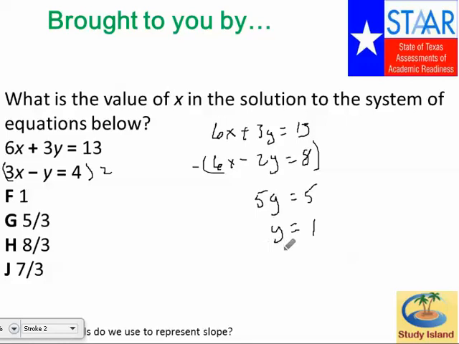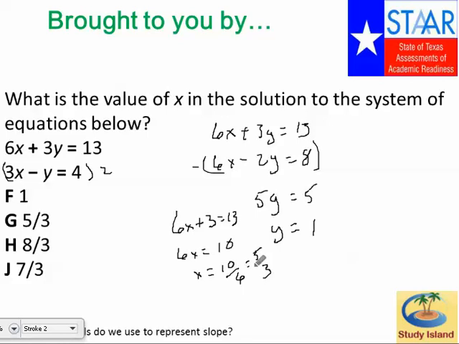Now that I've got y is equal to 1, I can go back and substitute it into either one of these equations, and I would have 6x plus 3 equals 13. Subtracting the 3, 6x equals 10. X equals 10 over 6, or 5 over 3.